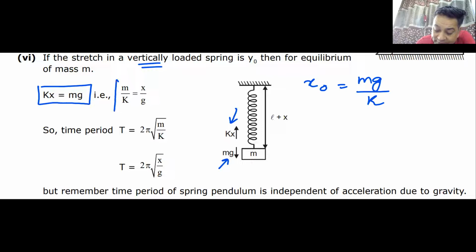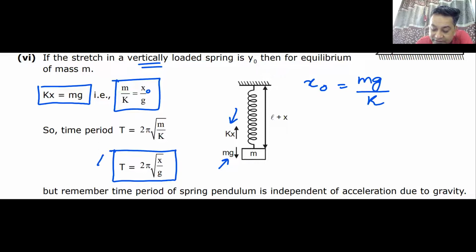So from this equation, mg by k will be x naught, the equilibrium position, divided by g. So I can also write the time period in this form, 2 pi root over x naught by g. But remember, the value of g is coming here, yet the time period is independent of acceleration due to gravity.